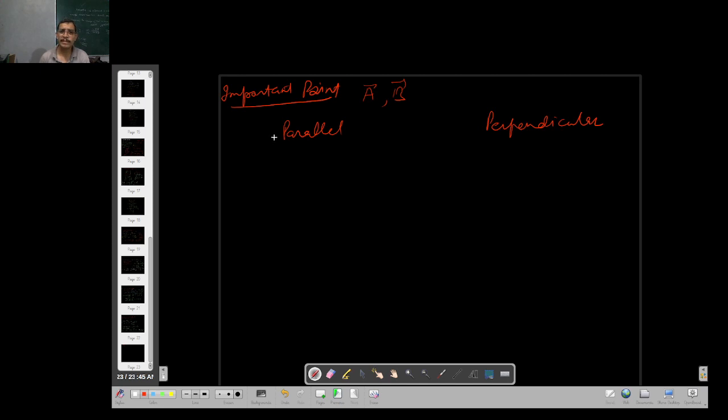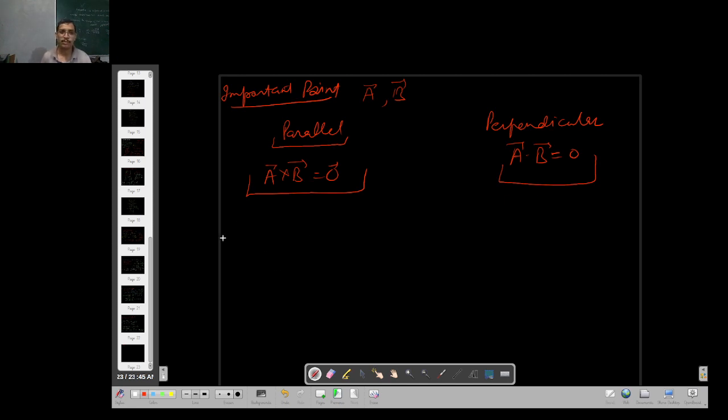If we are asked to find out whether they are parallel or not, then their cross product must vanish, and if they are perpendicular, then their dot product must vanish. When it is given that two vectors are perpendicular, we equate the dot product to 0. But if we are asked to prove that these vectors are parallel, then we have to prove that their cross product is equal to 0, right? This is a very important point to be kept in mind.